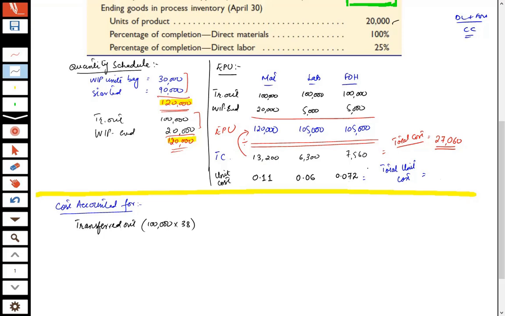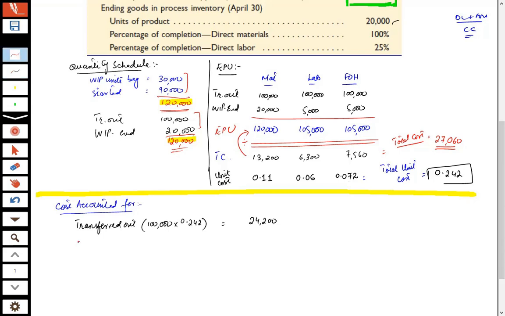The total cost would be 0.242. Done. Got the point? Yes. 0.242. So it would be 24,200. Done.